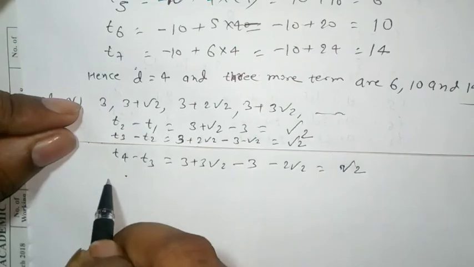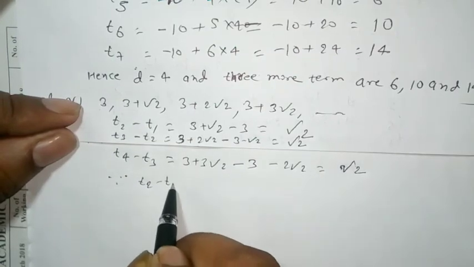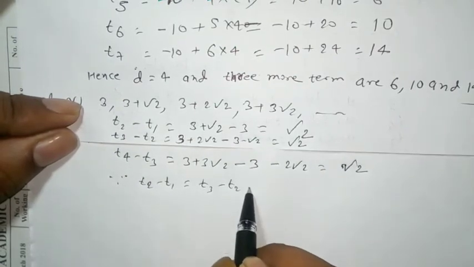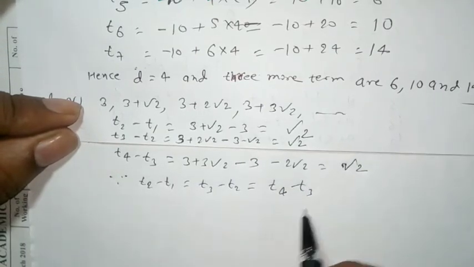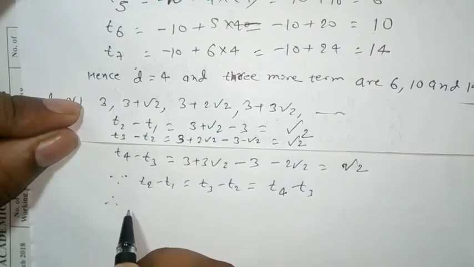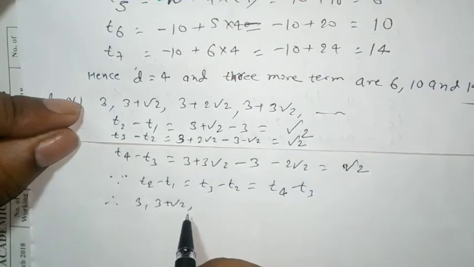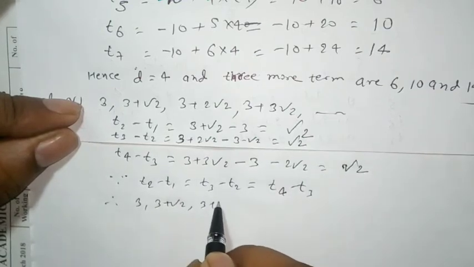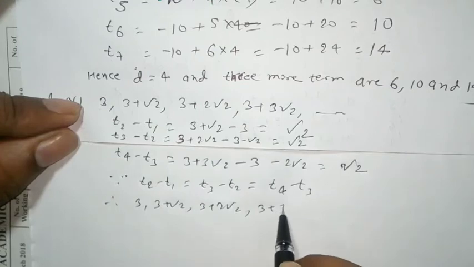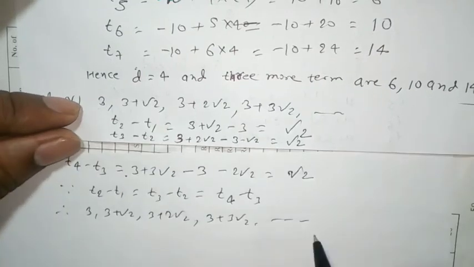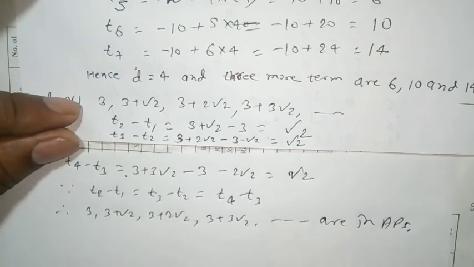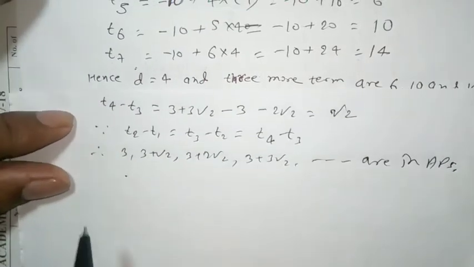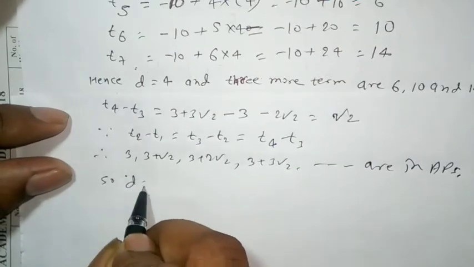Here, because T2 minus T1 is equal to T3 minus T2 is equal to T4 minus T3, therefore 3 plus root 2, 3 plus 2 root 2, 3 plus 3 root 2 dot dot dot are in AP. Okay, so D is equal to root 2.